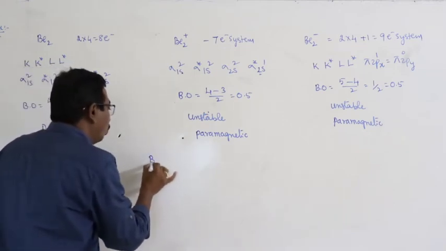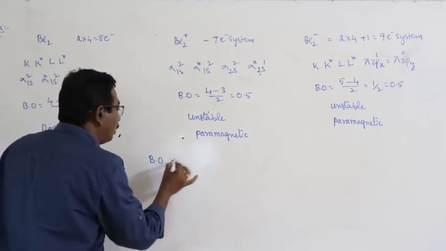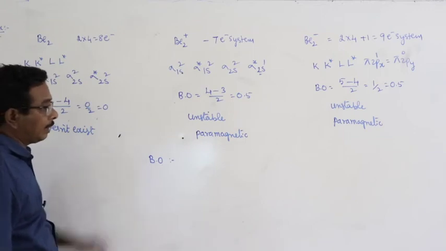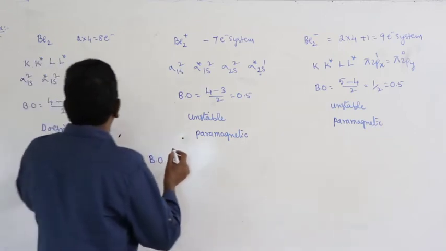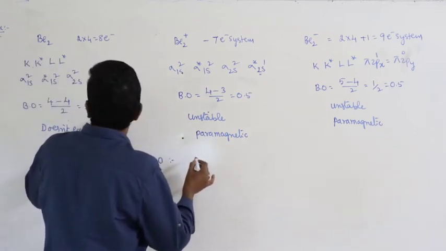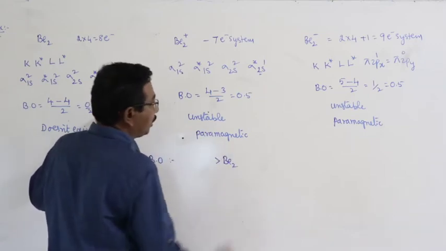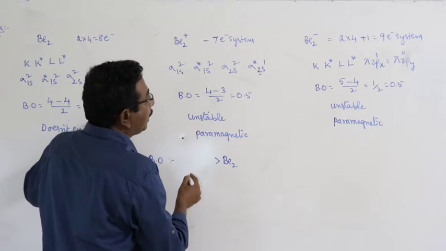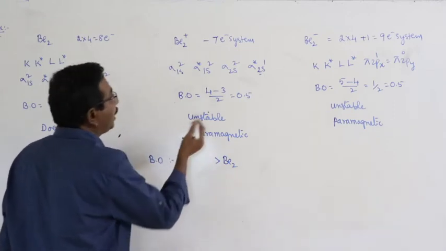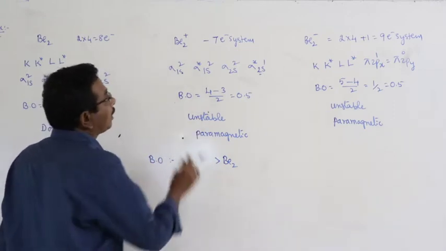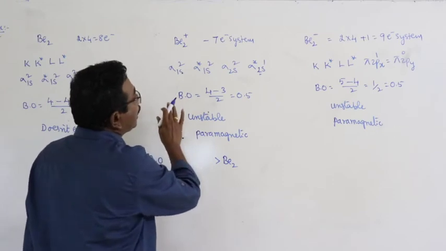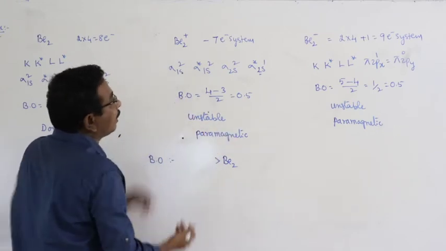Okay. What about the order of bond order? Here Be2, Be2 minus and Be2 plus. Bond order, greater the number of bonding electrons, greater will be the bond order.